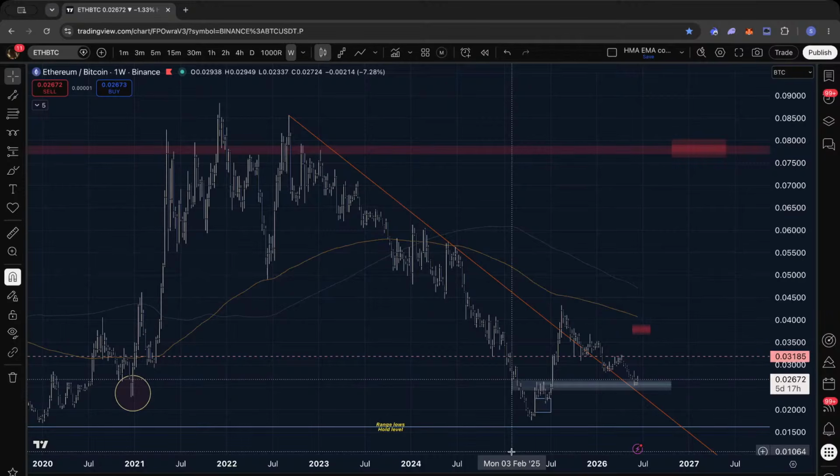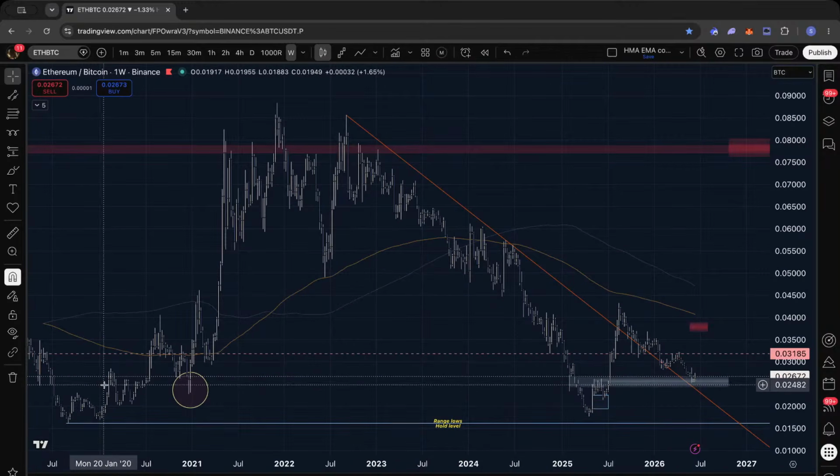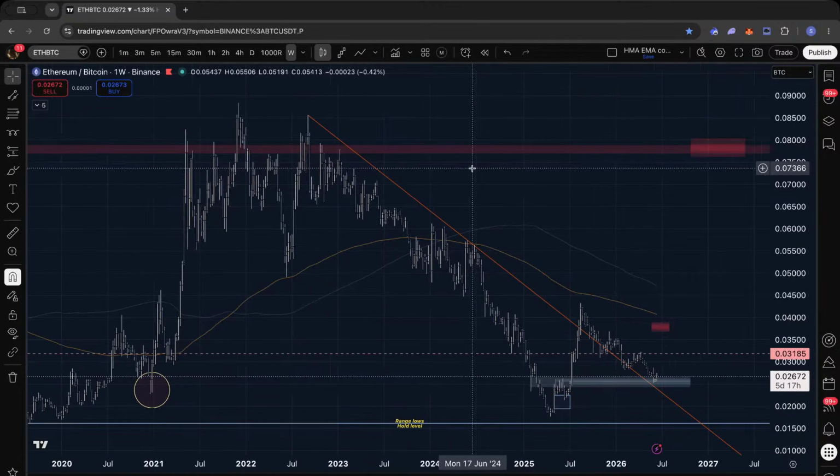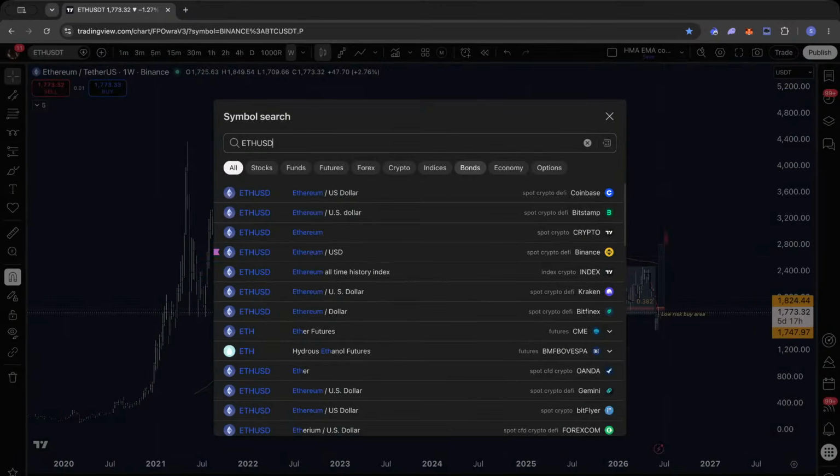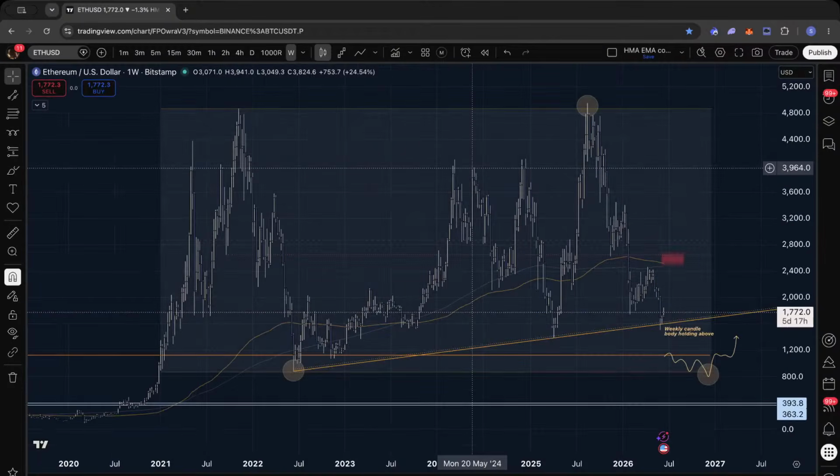But the signs are there, and the signs are usually an Ethereum Bitcoin weekly or high time frame double bottom structure, like we had here. Same stuff, bullish retest and higher. And then we can observe it also on Ethereum USDT based on location and overall structure.